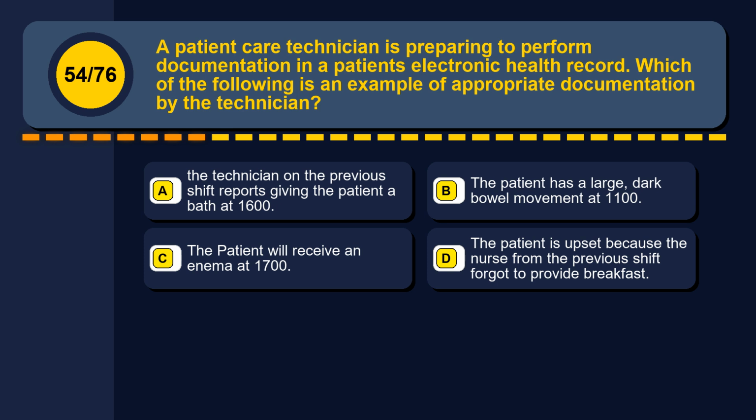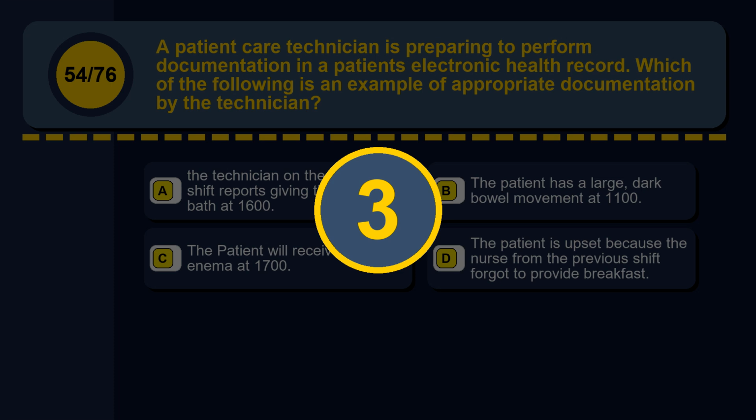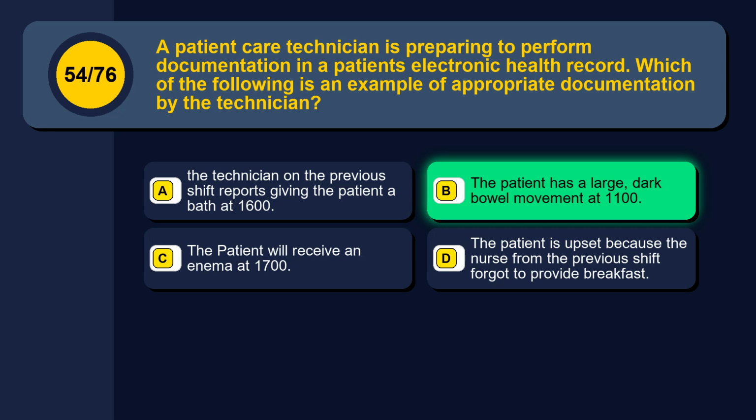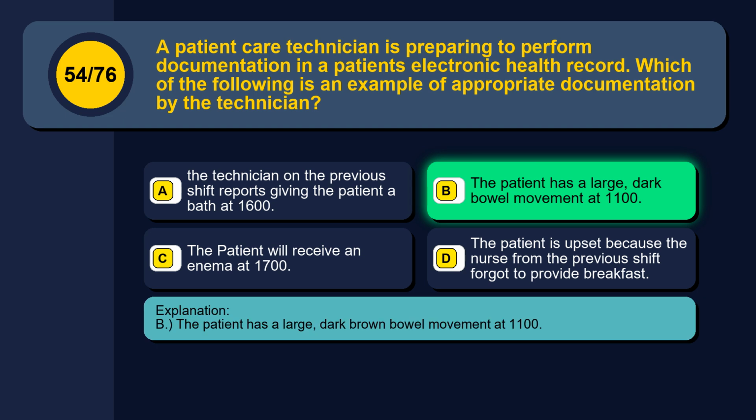Option C, the patient will receive an enema at 1700. Option D, the patient is upset because the nurse from the previous shift forgot to provide breakfast. The correct answer is option B, the patient has a large, dark brown bowel movement at 1100.